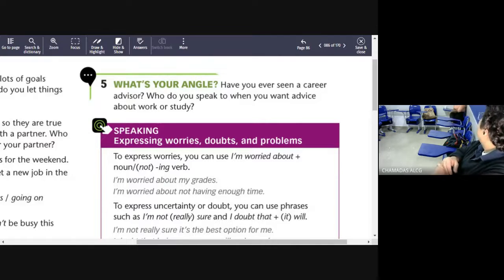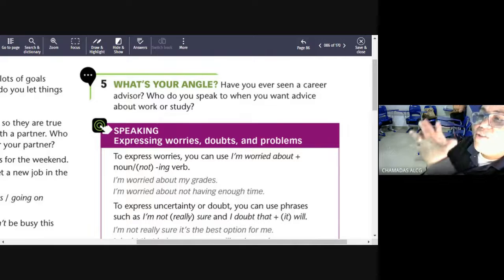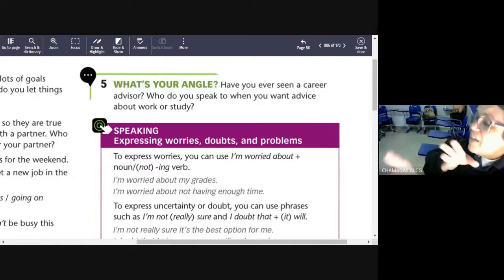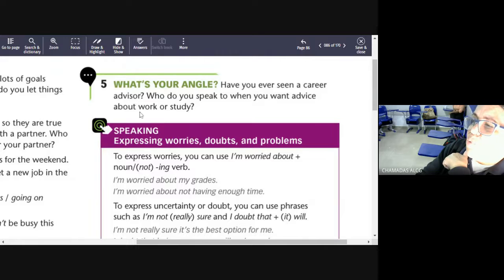Yes, exactly. So there are some websites devoted to that, and they help you make a decision and see what kind of career would be good for you. That's true. So, who do you speak to when you want advice about work or study?